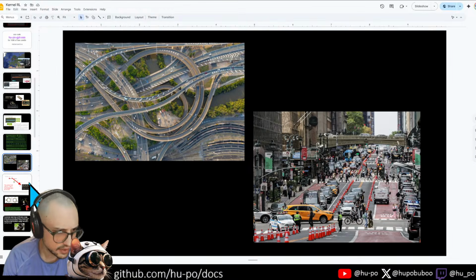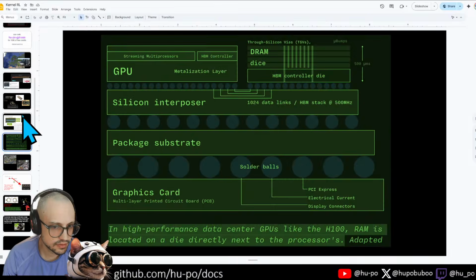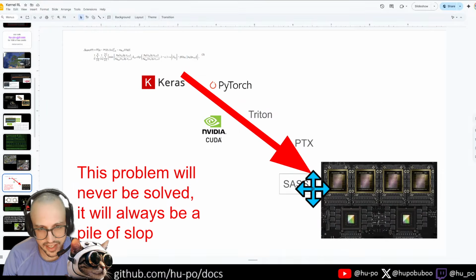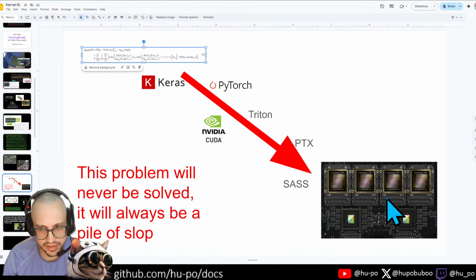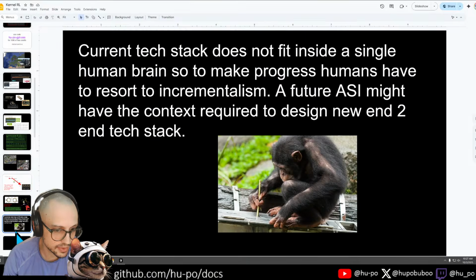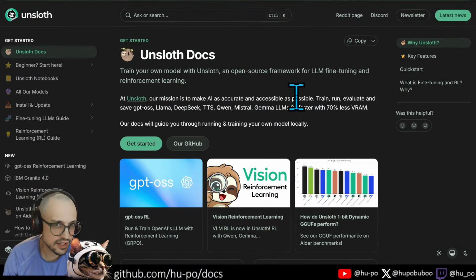Okay. I was going down this rant of how all this complexity in GPU design and all the steps that go from math to actual hardware, all of this stuff is just a bunch of incrementalist slop that is impossible to fit in one human head. And that ultimately is where Unsloth comes in, right?